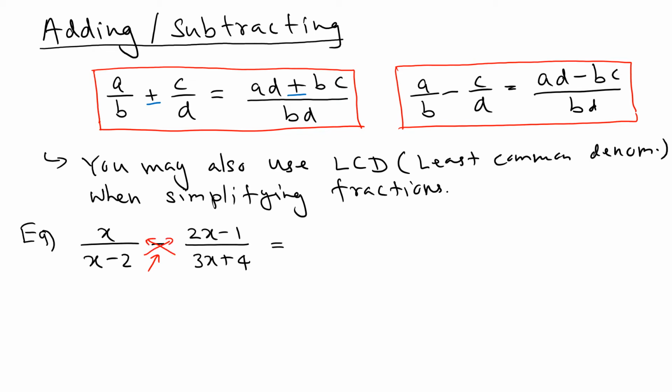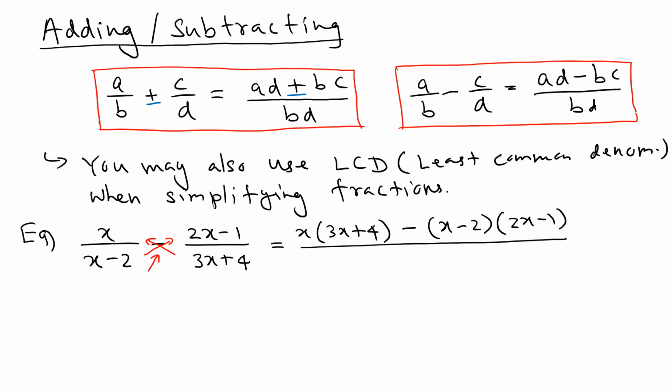That means we can write this one as x times 3x plus 4 minus x minus 2 times 2x minus 1, divided by x minus 2 times 3x plus 4. That's the bottom. So what we wrote is AD minus BC divided by BD.